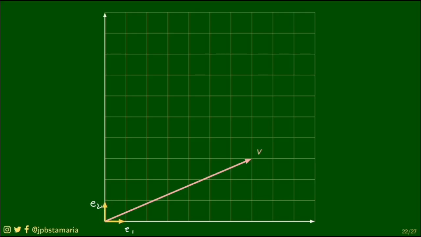The coordinate (7, 3) tells us to move 7 times in the direction of E1 and 3 times in the direction of E2. That's what you mean by the coordinate (7, 3): 7 of E1 plus 3 of E2 gives us V.